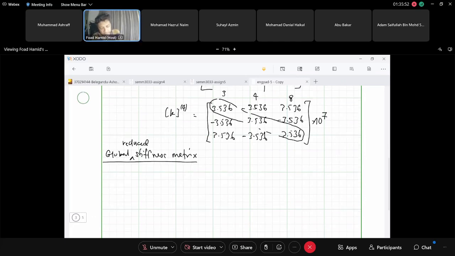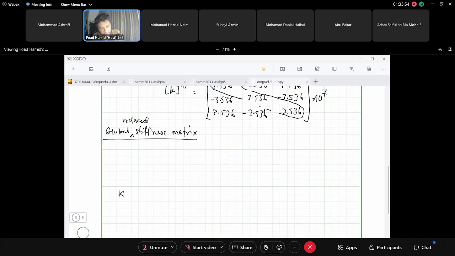So what we have here is our capital K, our global, but now it is reduced. And note that for our global reduced stiffness matrix, we are only interested in the degrees of freedom Q3, Q4, and Q8. And definitely there will be only 3 rows that correspond to 3, 4, and 8.